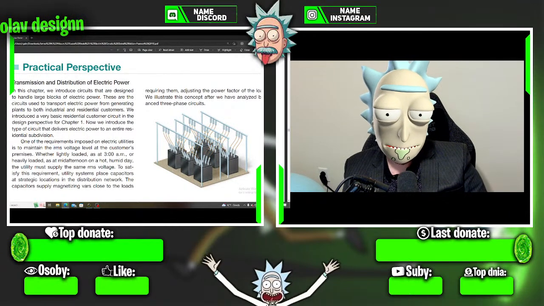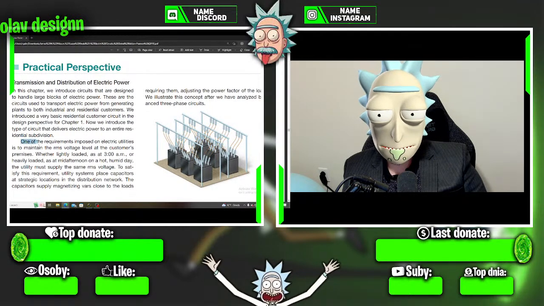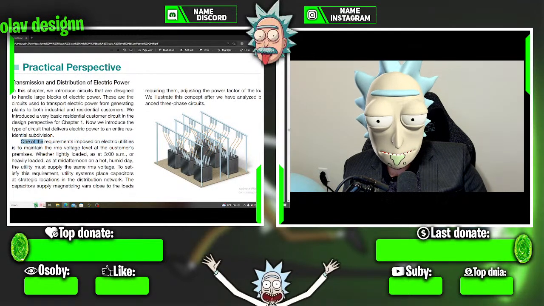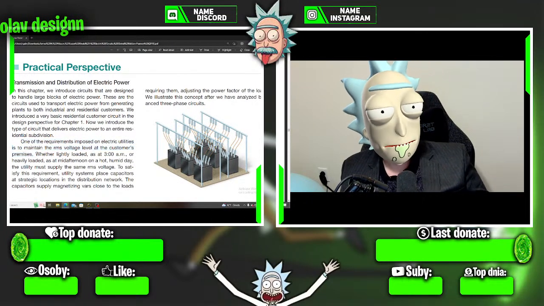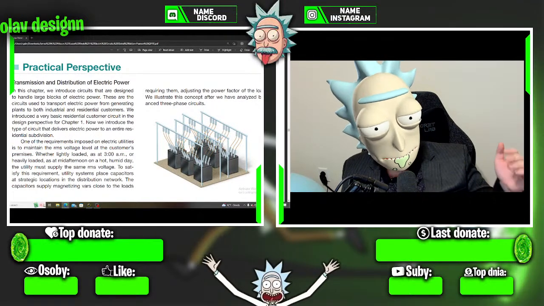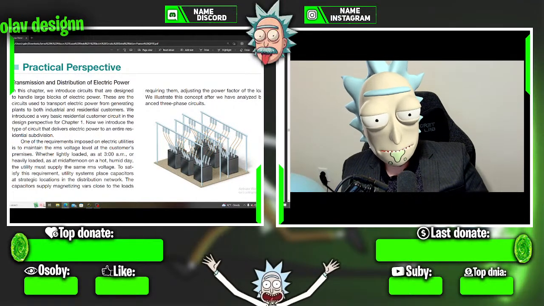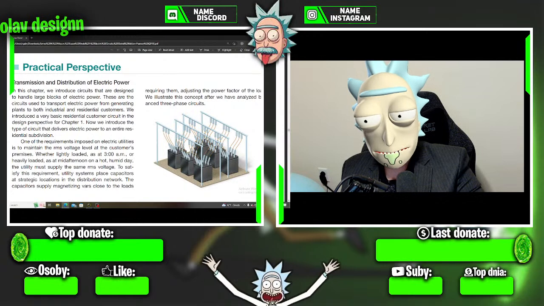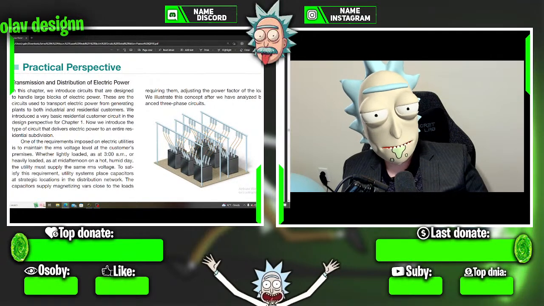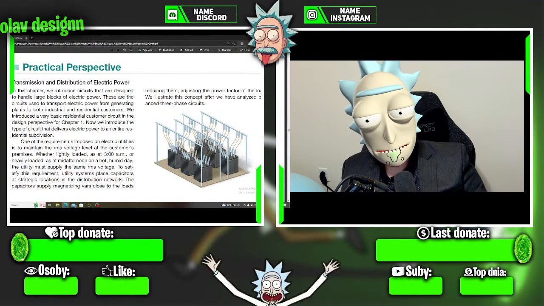Back to the reading. So, again, I want to start again from a sentence I already started. One of the requirements imposed on electric utilities is to maintain the RMS voltage level at the customer's premises. Okay? So, maintain our average voltage. If we have a sinusoid going up and down, we don't want it fluctuating by a ridiculous amount, even when there are other random loads being drawn from the power.